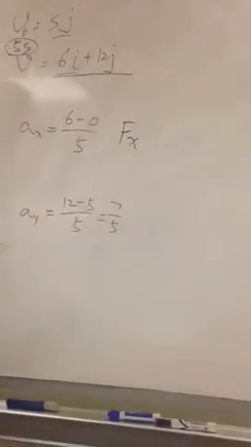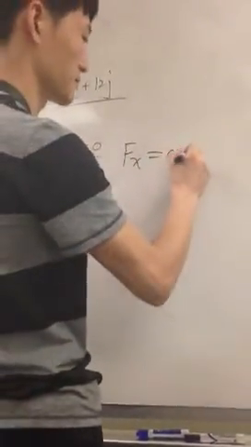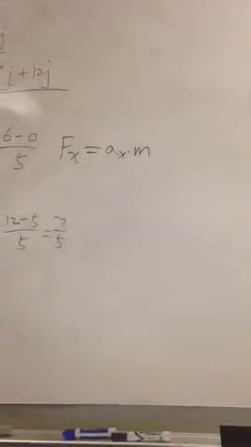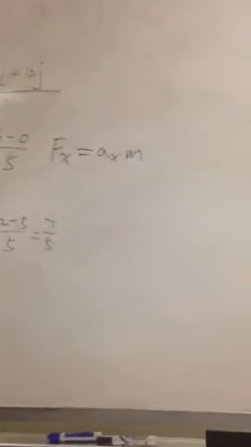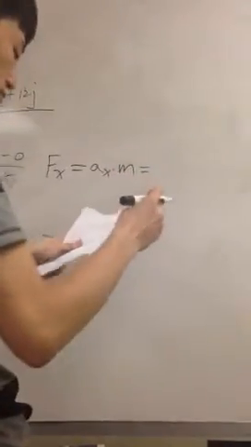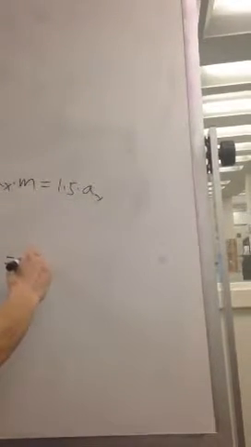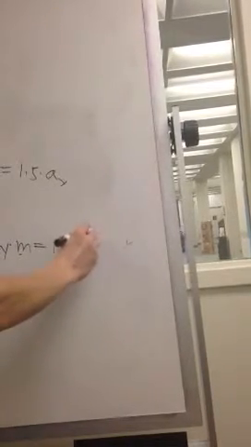The force along x is mass times a, right? It's 1.5 times ax. And here is the same thing: ay times m, 1.5 times ay.